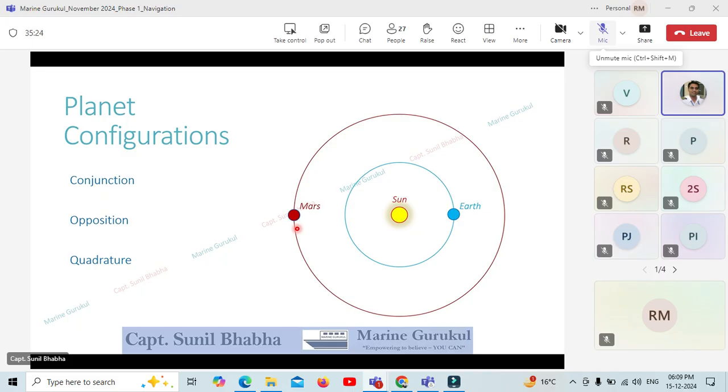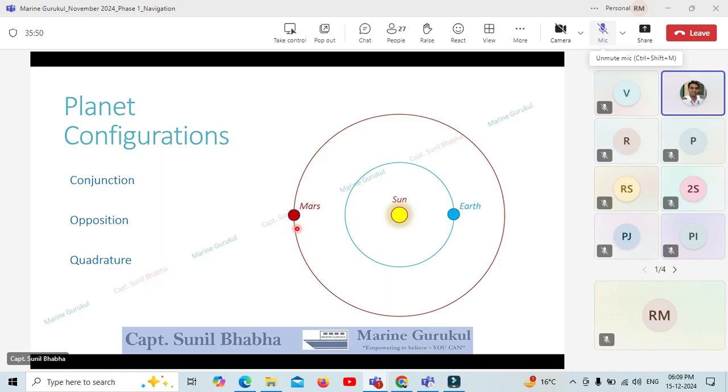We just saw the third law of Kepler's planetary motion, which said T square by R cube is equal to constant. So as the radius keeps on increasing, the time period also keeps on increasing. So that tells us that the angular speed with which the planets revolve around the sun will also keep on changing from planet to planet.